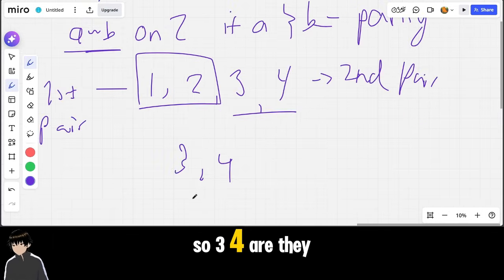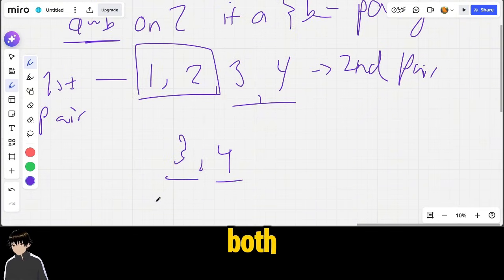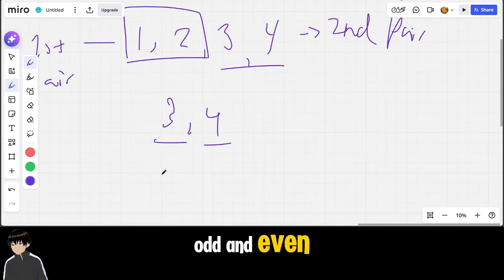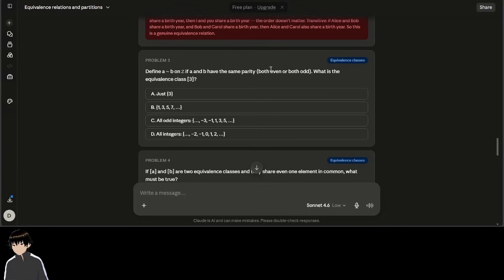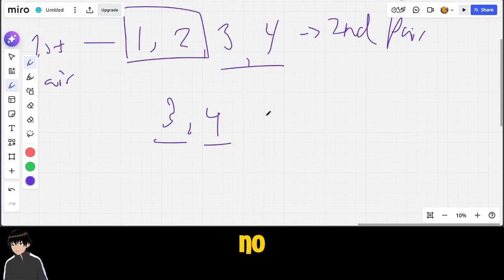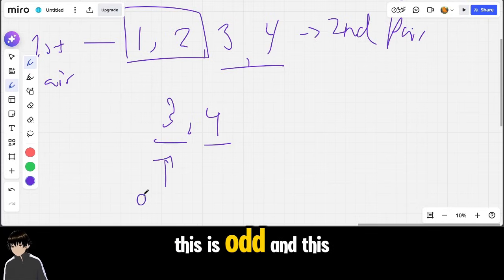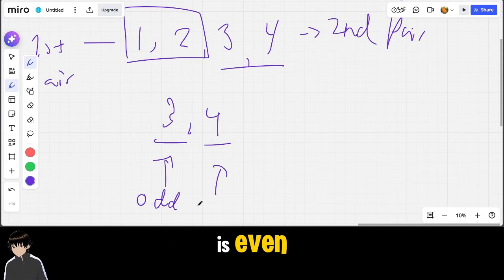So 3 and 4. Are they both even or both odd? No, they're not both odd or even. This is odd, and this is even.